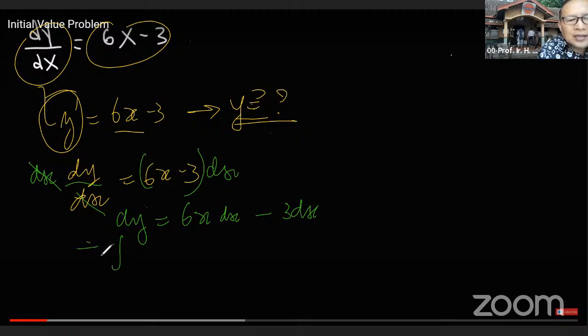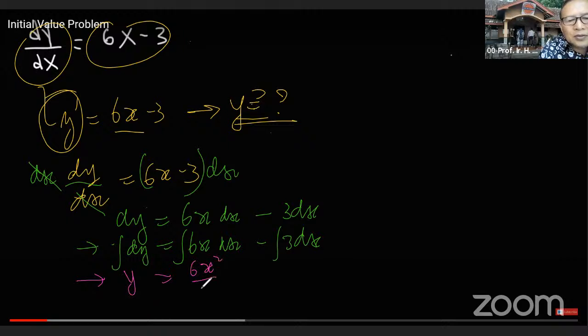So integrate dy plus integrate 6x dx minus integrate 3 dx. Then you'll find the integral of dy, of course, is y, the integral of 6x dx is 3x squared, minus 3x plus c.